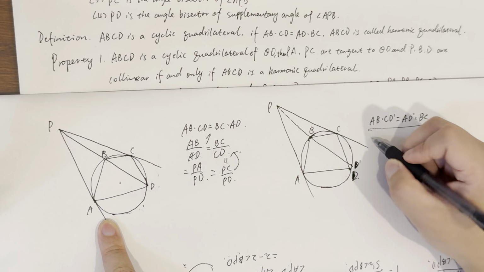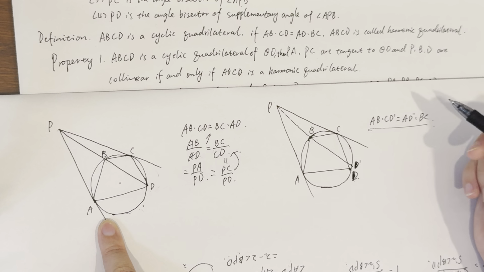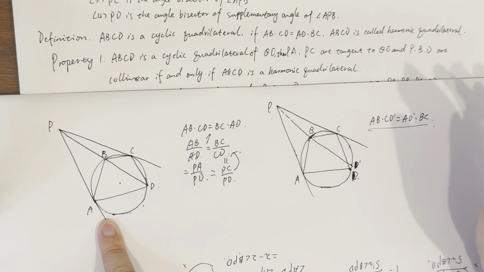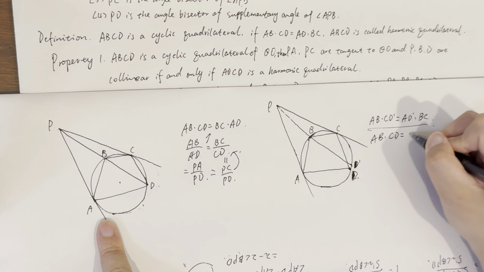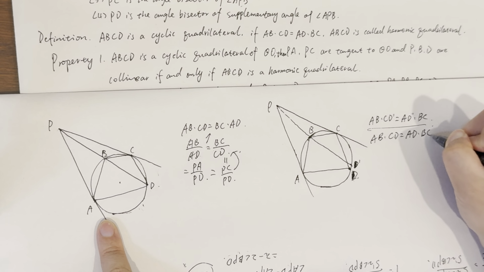Then we already know that ABCD is a harmonic quadrilateral, which means AB times CD equals AD times BC.